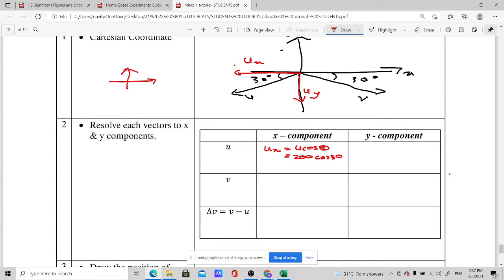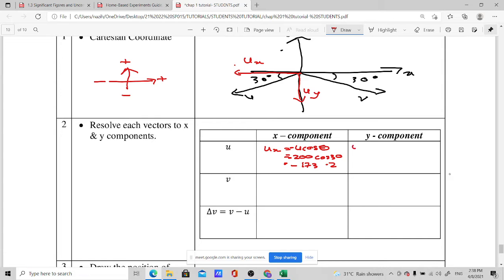Going up and to the right is positive, going down and to the left is negative. If you look carefully, your ux is to the left, so it should be a negative sign. If you press your calculator, the value for ux would be negative 173.2.